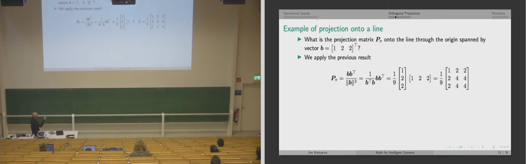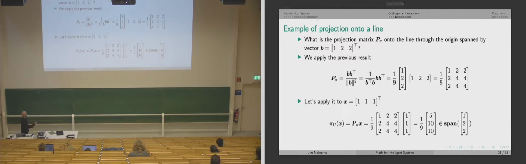And then we multiply by the outer product of the b vector. That's a little bit more annoying to compute, but that results in this matrix here. And then we apply it to some vector, like 1, 1, 1. So we plug our vector here.